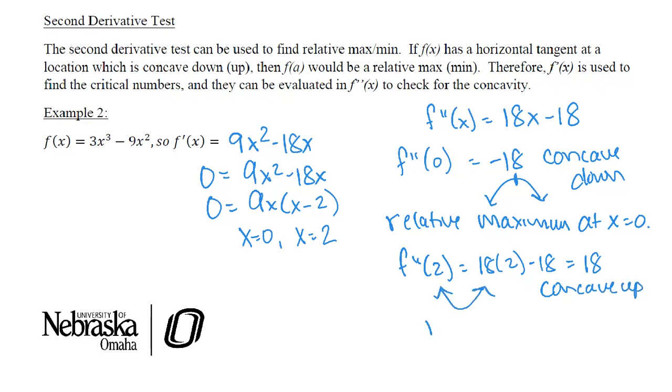Okay, so that would mean we have a relative minimum at x equals 2. So another way of finding our relative max and min.